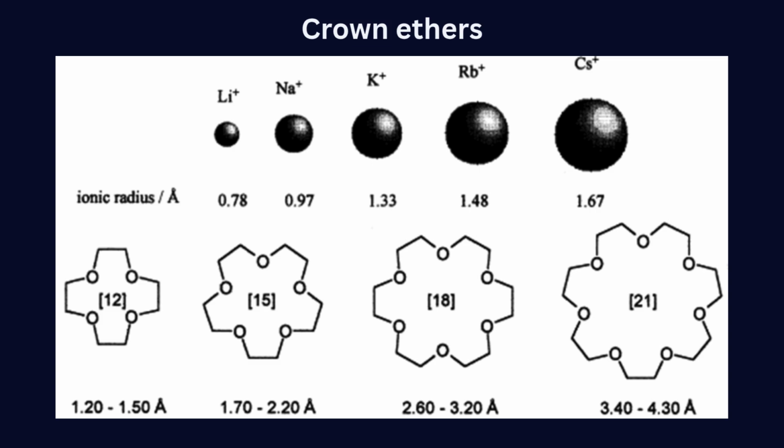The cavity sizes show the range of different crown ethers: 12-crown ether shows a range of 1.20 to 1.50 angstrom, 15-crown ether shows a cavity size of 1.70 to 2.20 angstrom, 18-crown ether shows 2.60 to 3.20, and 21-crown ether shows 3.40 to 4.30 angstrom. Thus, based on the ionic radius of elements and cavity size of different crown ethers, it forms the complex and is used for extraction of chemical species from sample solution along with extracting solvent.